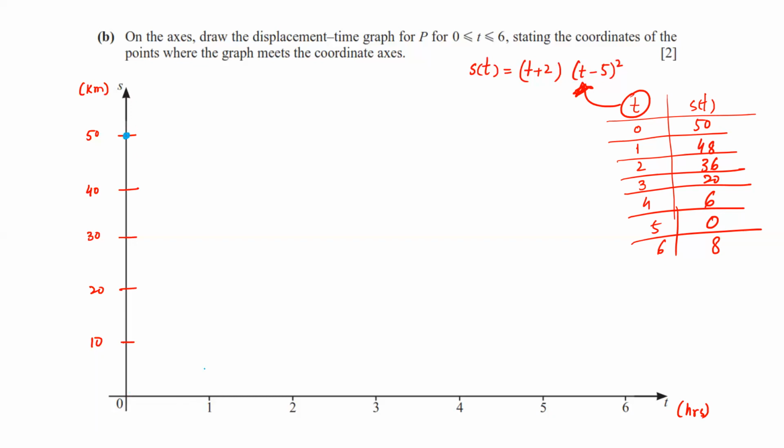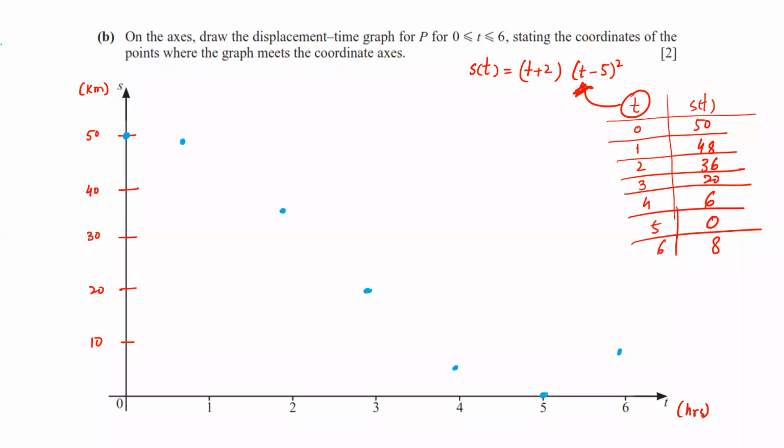At t equals 1, we have something around 48, so this point. At t equals 2, we have 36, somewhere here. At 3, we have 20. At 4, we have 6. At 5, we have 0, and at 6, we have not 10 but 8.